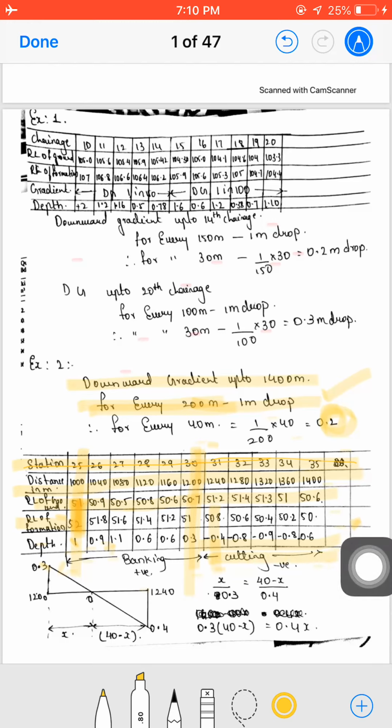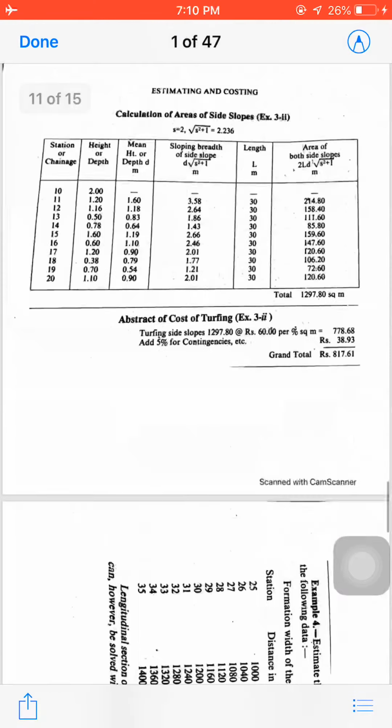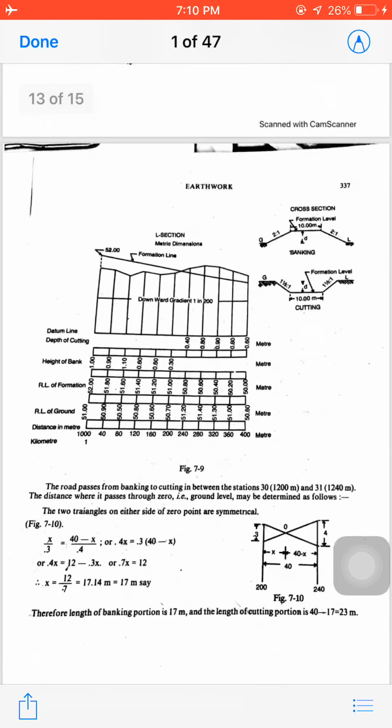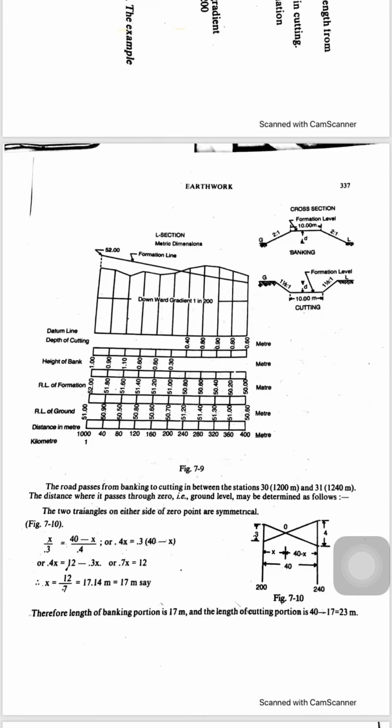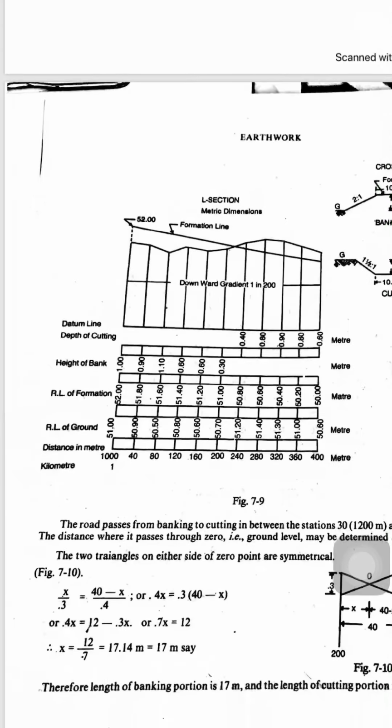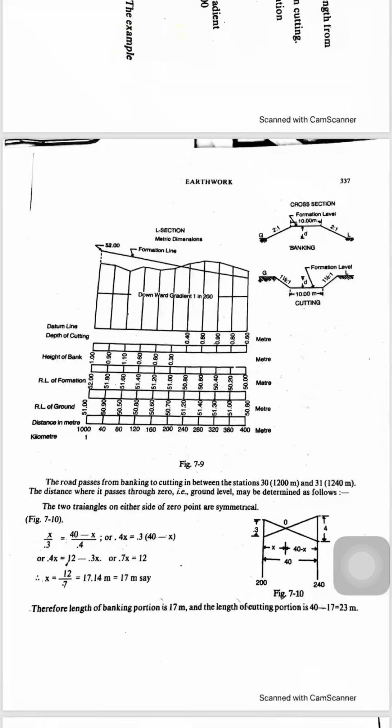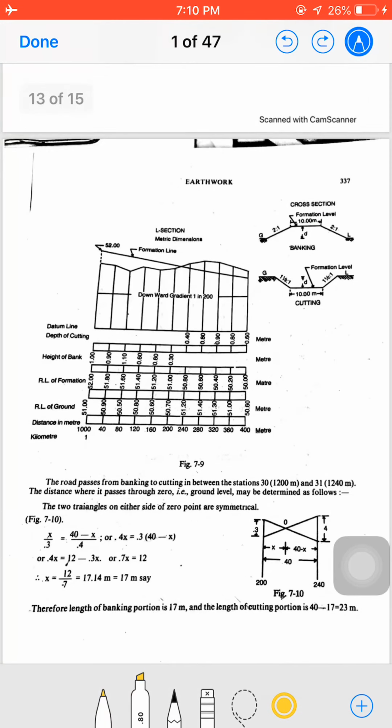Now we have got this table. We can draw similarly the longitudinal section and a cross section of this by assuming suitable scale.